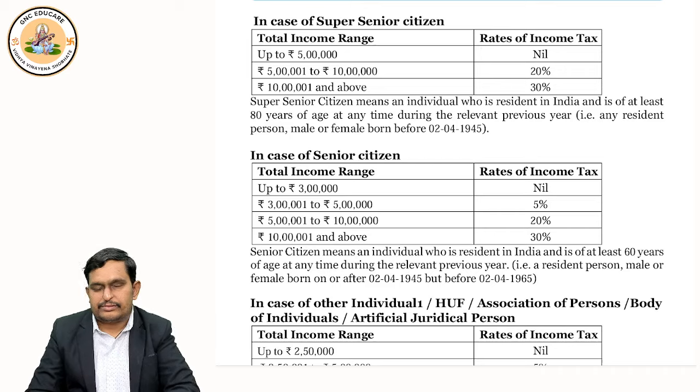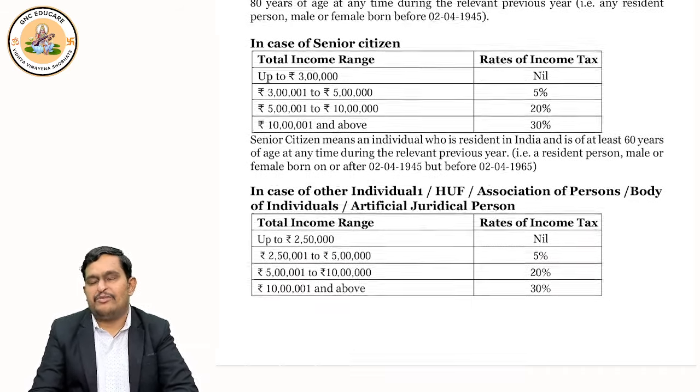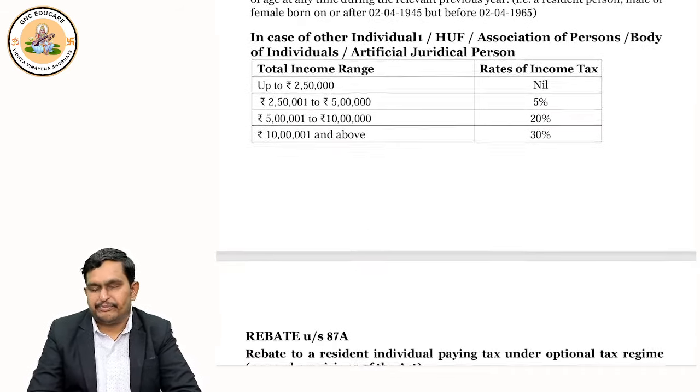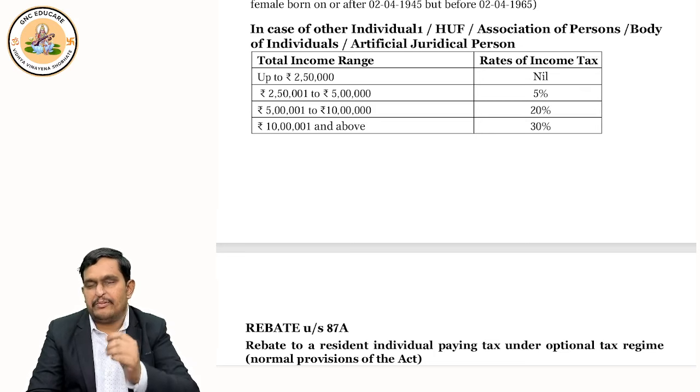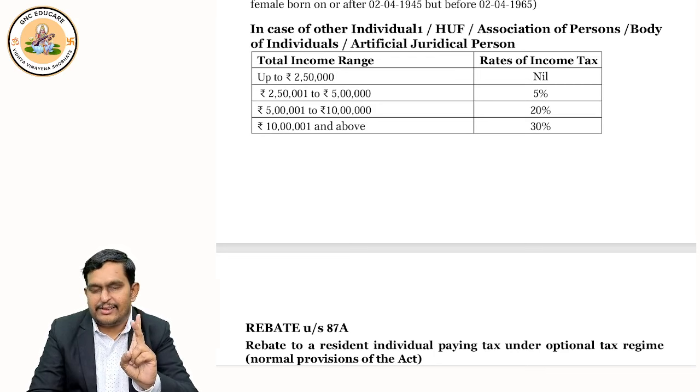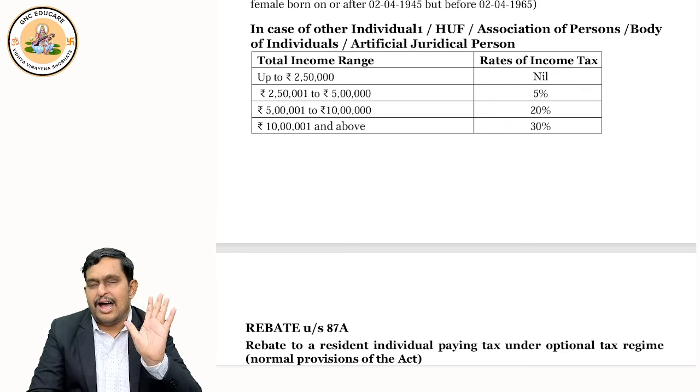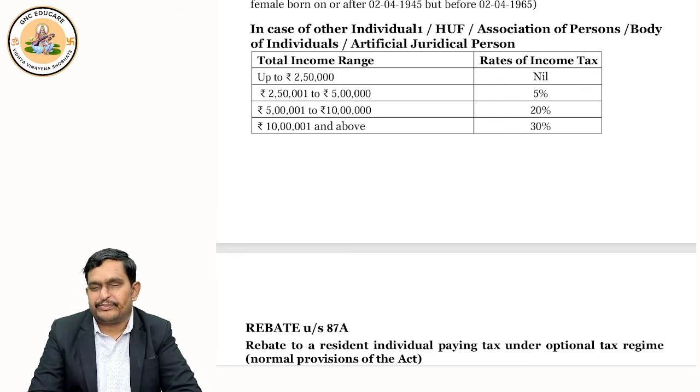Now, suppose somebody is not falling under the above two categories. He is a resident but his age is below 60 years, or he is a non-resident irrespective of age, or he is an association of persons, body of individuals, or artificial juridical person.